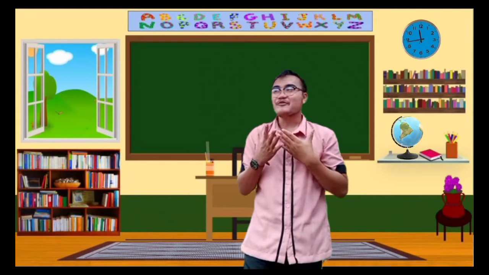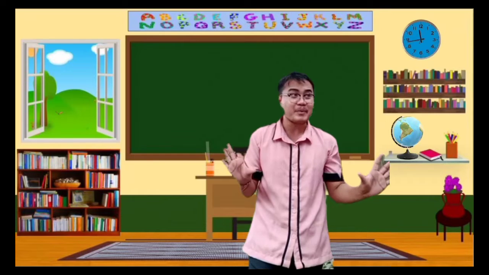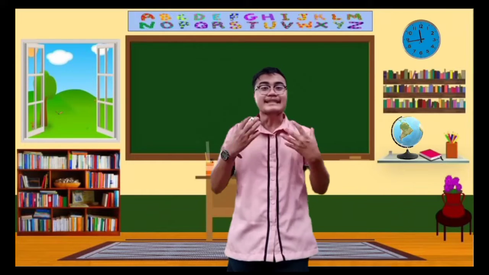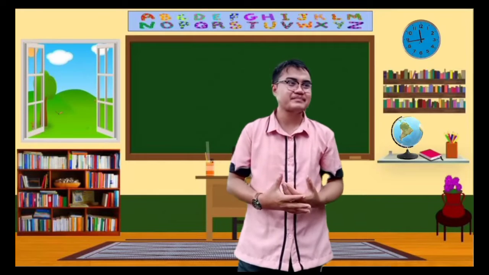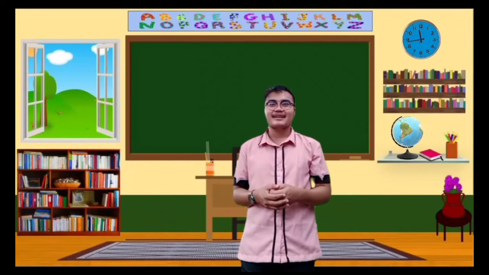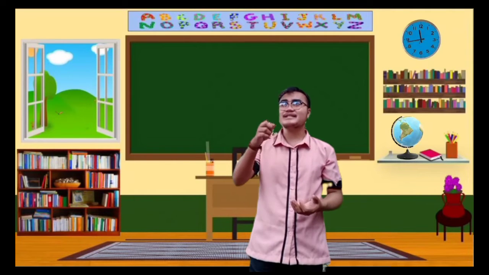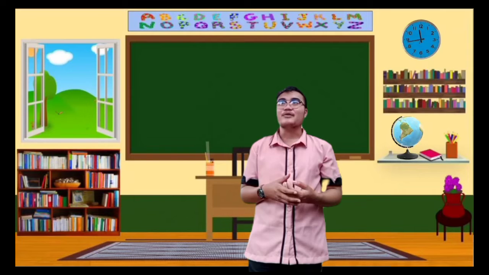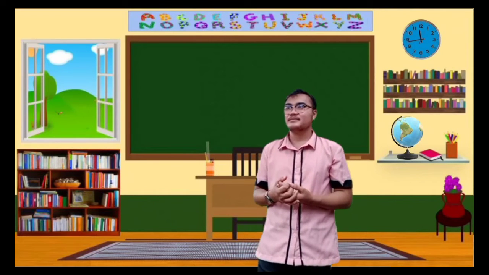Okay. I am very pleased with your participation, class. Thank you so much for your cooperation. Now, class, who can define a regular verb? Anyone? Yes, Irene. Well, very good. Another one, Grace Ann. Very good. So now, who can define an irregular verb? Anyone?